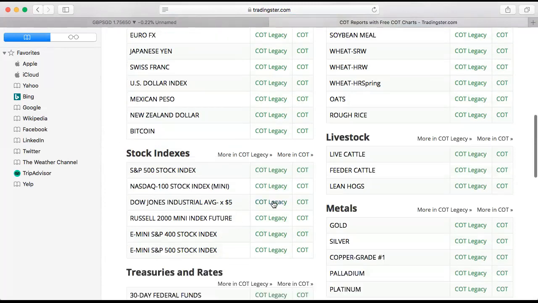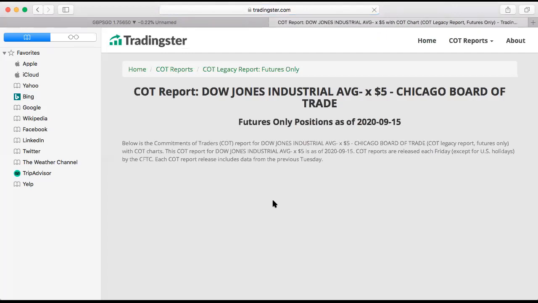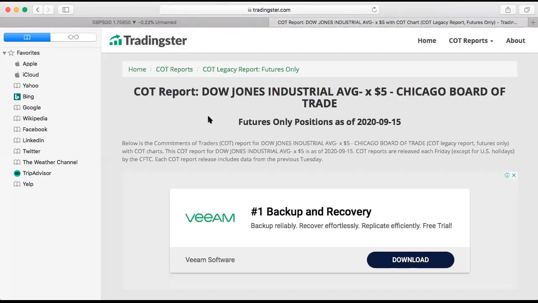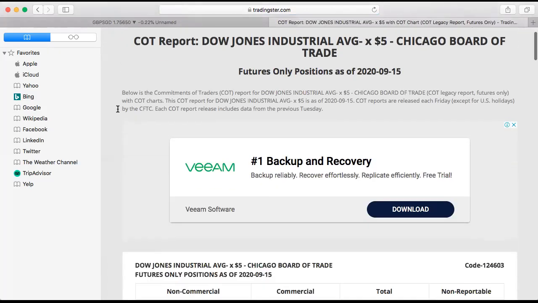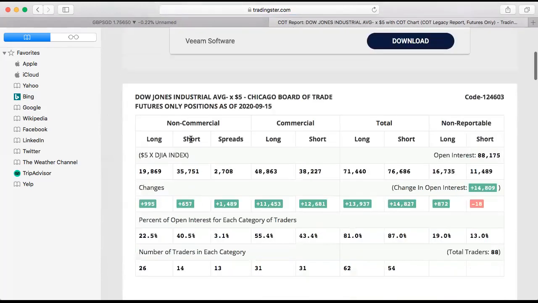So this is the Dow Jones, and I could see right here. Now I know there's a lot of information here, but the information I'm majorly following will be this, the non-commercial. Now the non-commercial are actually the hedge funds guys. So these are the people I want to be following.